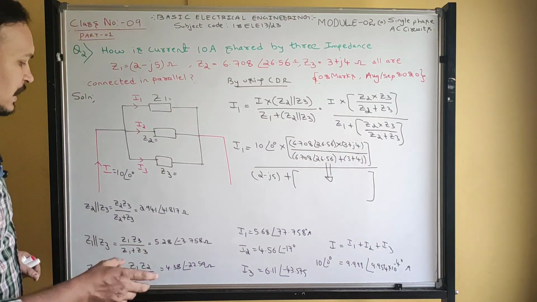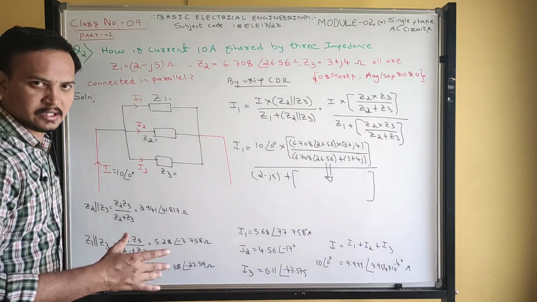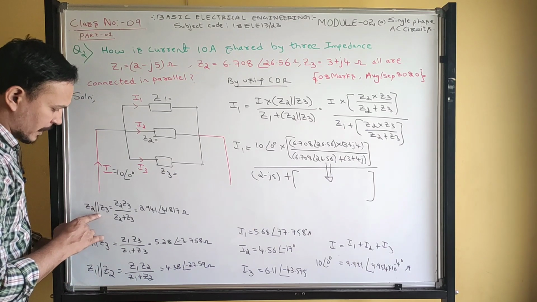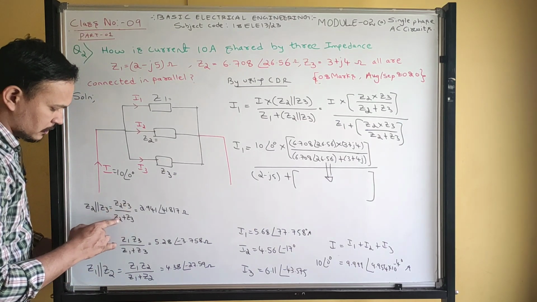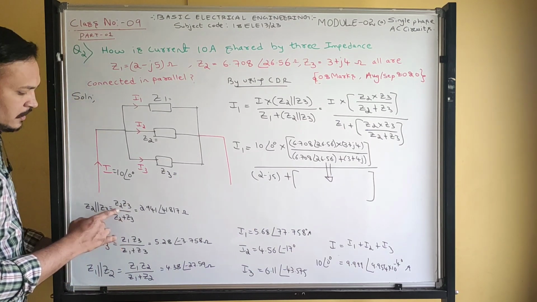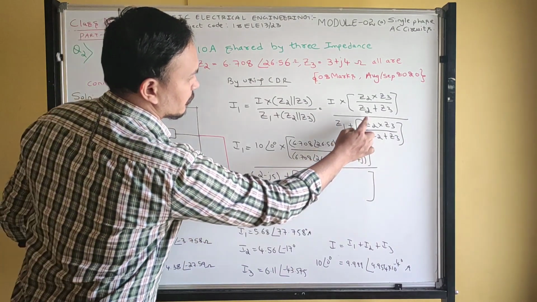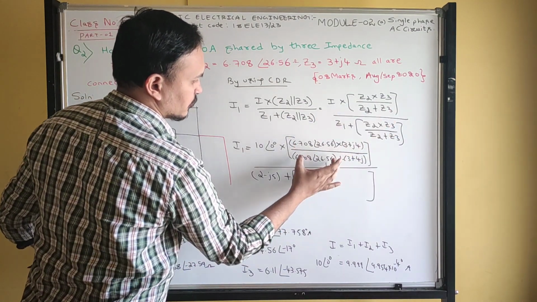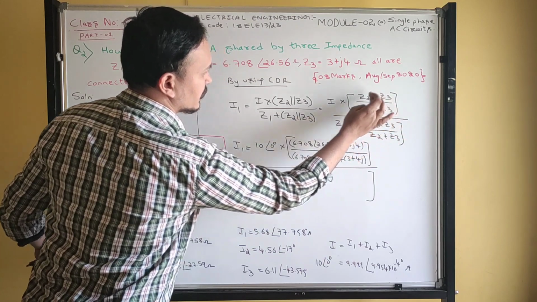See, I have already done the calculations because it is time consuming. What is Z2 parallel Z3? Z2 Z3 divided by Z2 plus Z3. This value I substituted here. What is the answer for this combination?